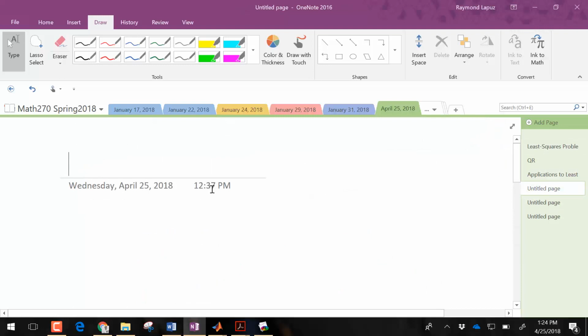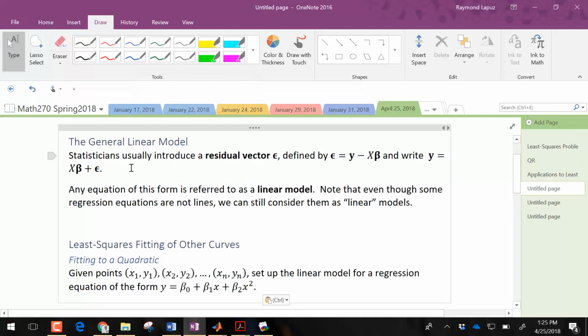Even though the equation is not linear, like if we want to do a quadratic fit, it's still considered the least squares method, and it still uses linear algebra because you can still represent your matrix. So your design matrix might look just a little bit different.